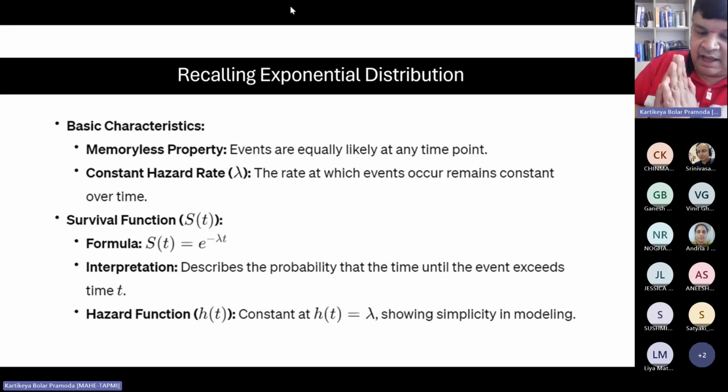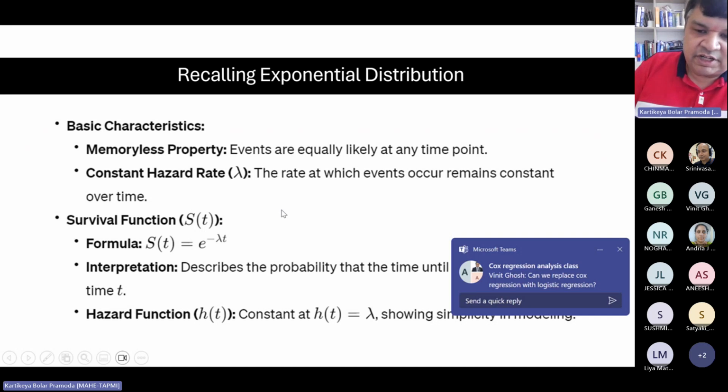S of t means survival. That means we're trying to see the distribution for a person who undergoes a treatment. The idea is to find out the probability whether the person would be sustaining themselves after a certain period t.